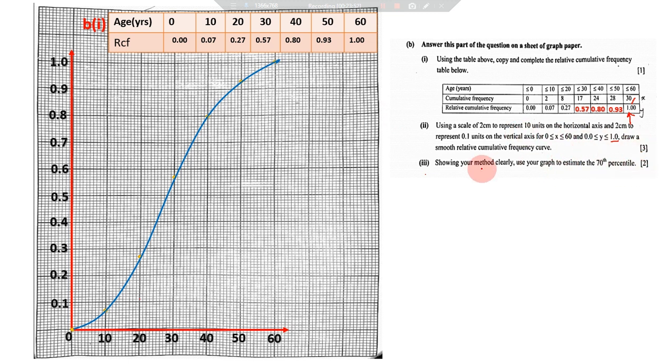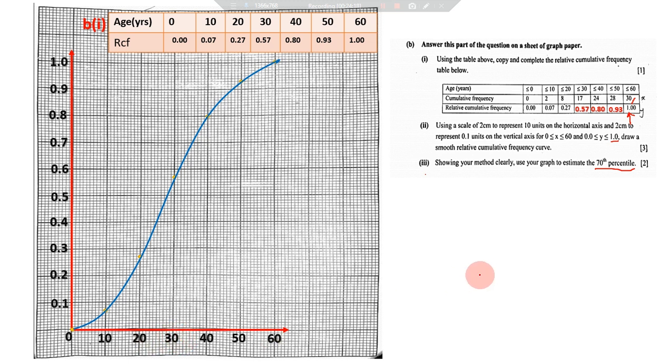The next will be the last one. Showing your method clearly, use your graph to estimate the 70th percentile. Use your graph. So we need to estimate the 70th percentile. Percentile means percentage. Okay. So since it is in percentage form, for us to find a value, all our values will come from the x-axis.